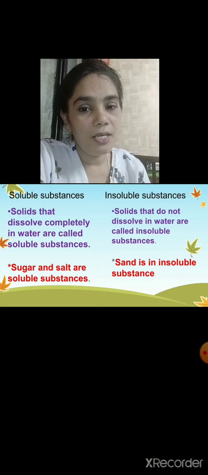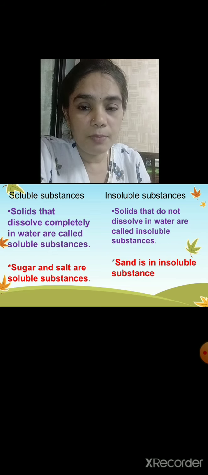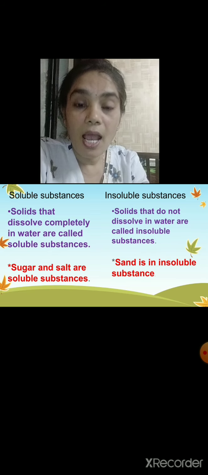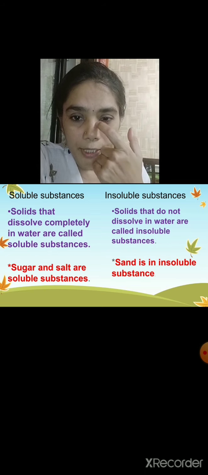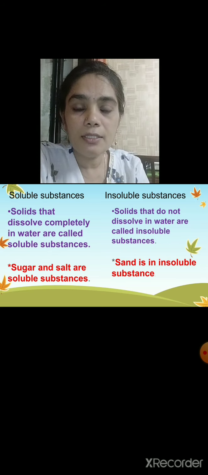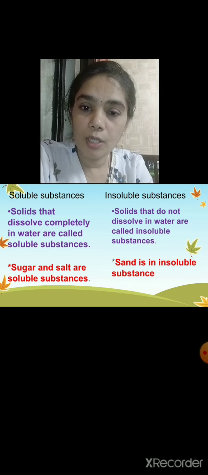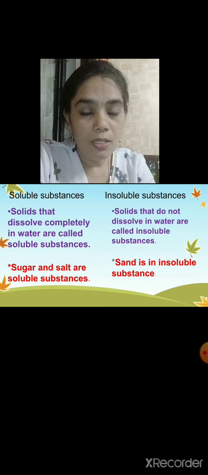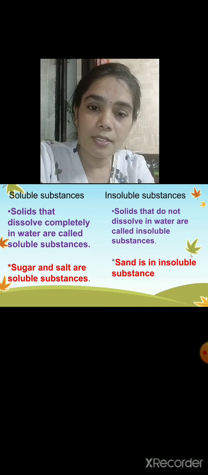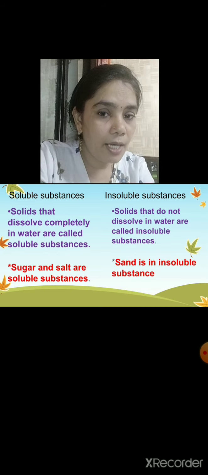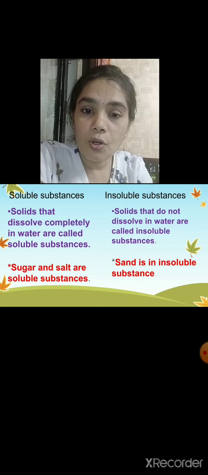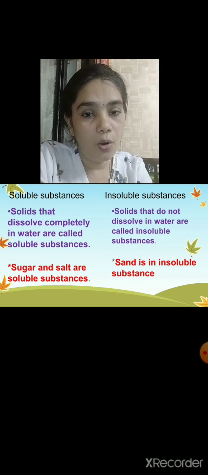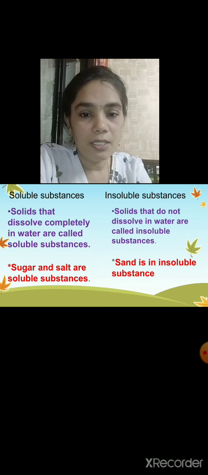Got it? Yes. So now let's see the difference between soluble substances and insoluble substances. The first point: solids that dissolve completely in water are called soluble substances. And here, solids that do not dissolve in water are called insoluble substances.